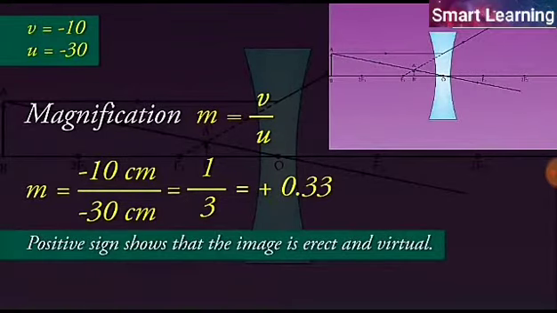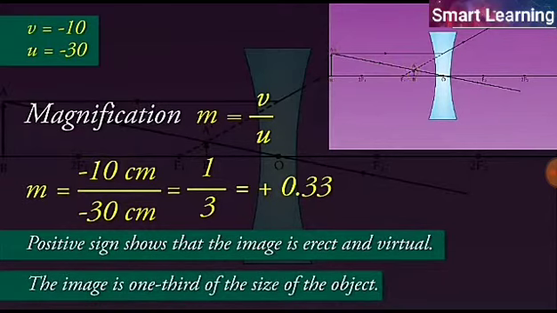The positive sign shows that the image is erect and virtual. Hence we find that the image is 1/3 of the size of the object.